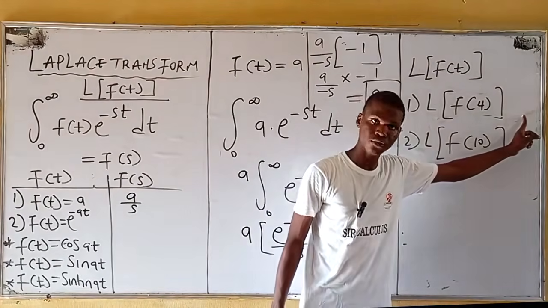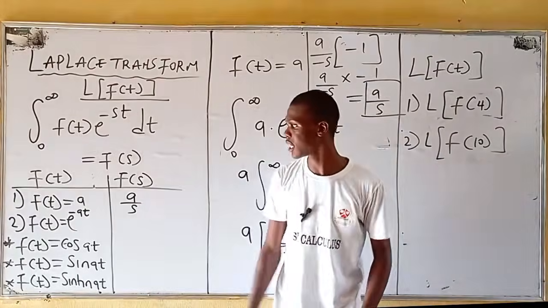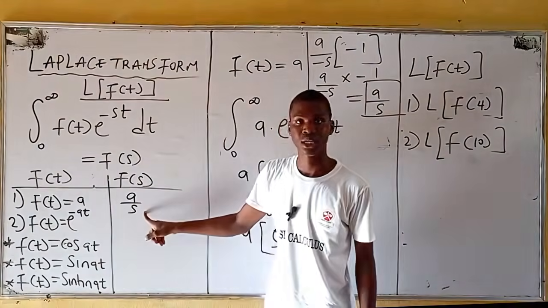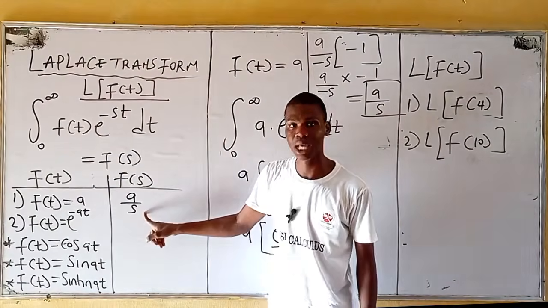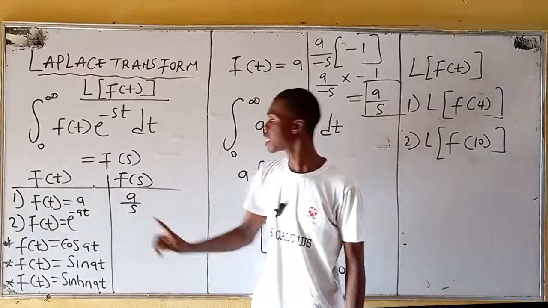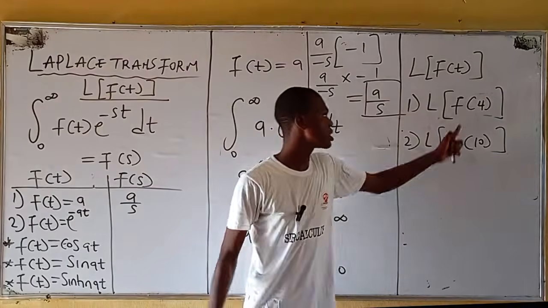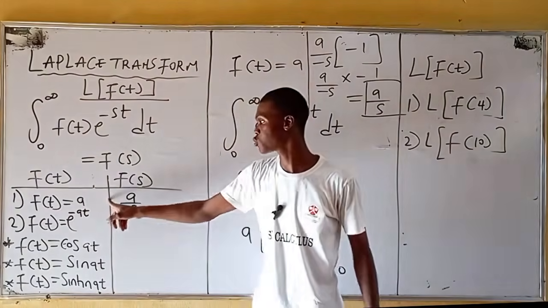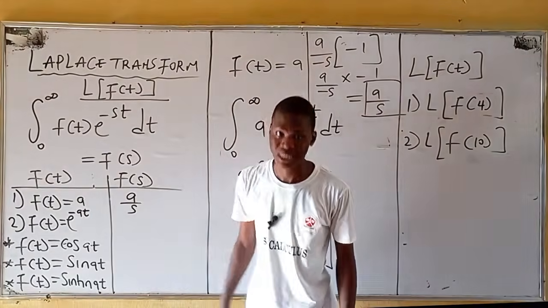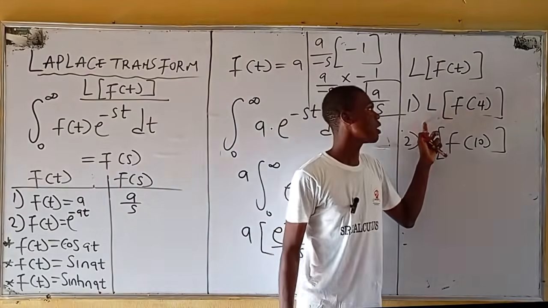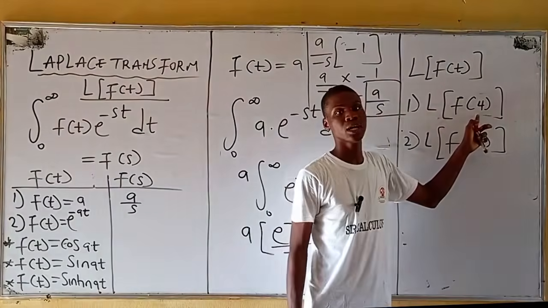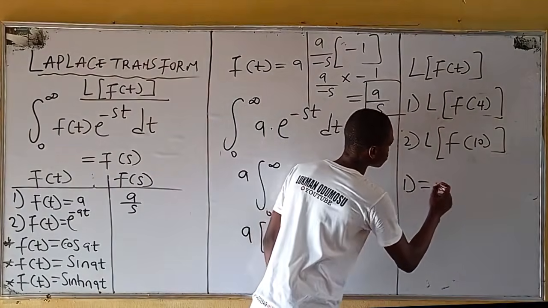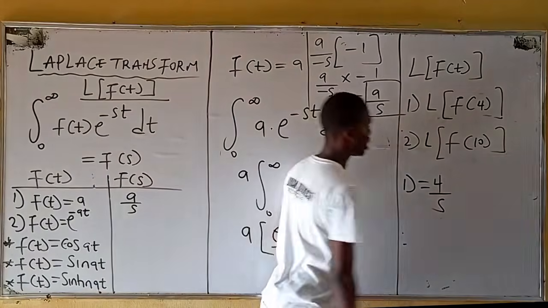Whenever we have a constant function, the transformation is F of x. Comparing, I have my function as a and the Laplace becomes a over x. Similarly, I have my f of t as 4, meaning the Laplace is 4 over x.